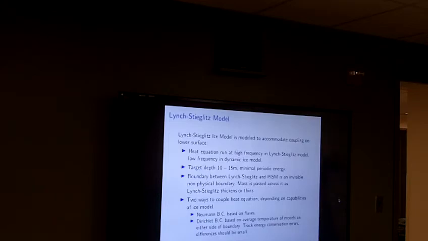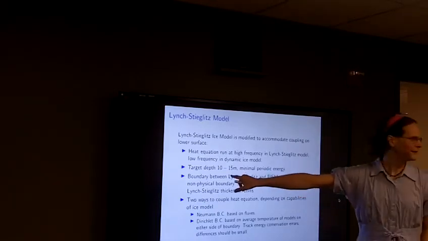So that means that where we match the Lynch-Stieglitz model, our snow firn model, to the dynamic ice model, we're going to be cutting off our high frequencies at that point. And so we want the Lynch-Stieglitz model to be thick enough that we don't have any high frequencies of an amplitude we care about by the time we get to the bottom. And that's typically thought to be 10 to 15 meters thick.